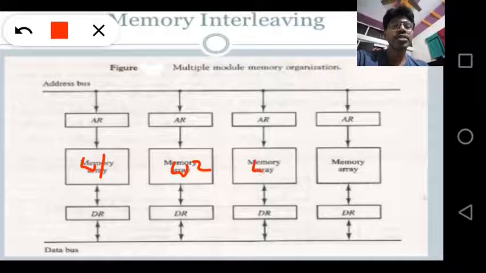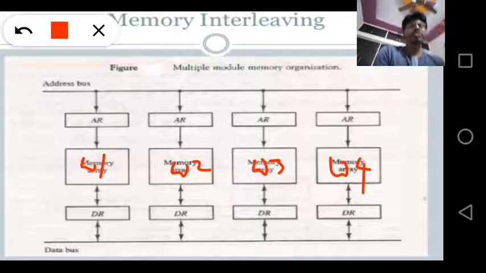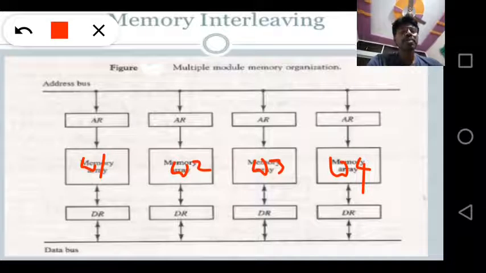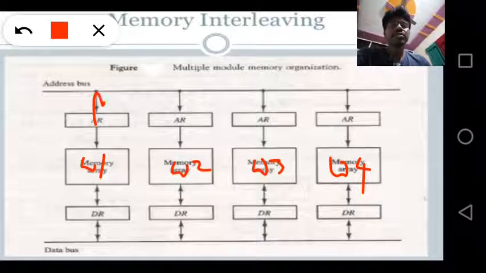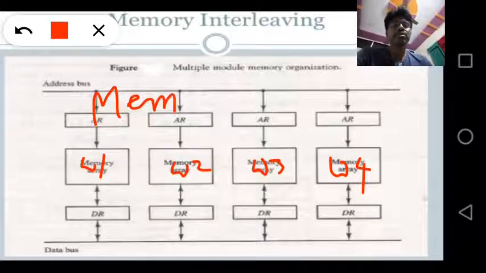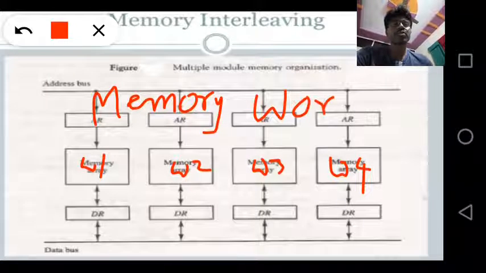Let's assume w1 is here, w2 is here, w3 is here, w4 is here. What are w1, w2, w3, and w4? They are memory words.